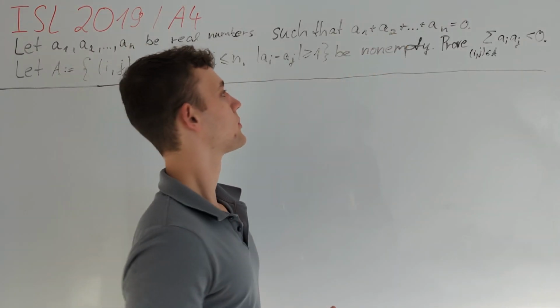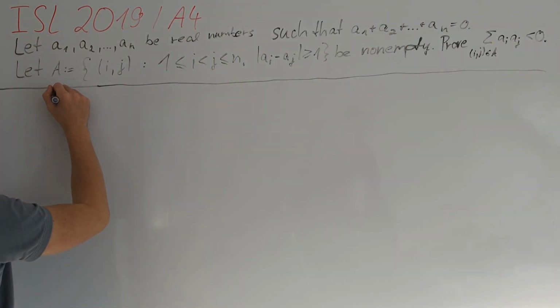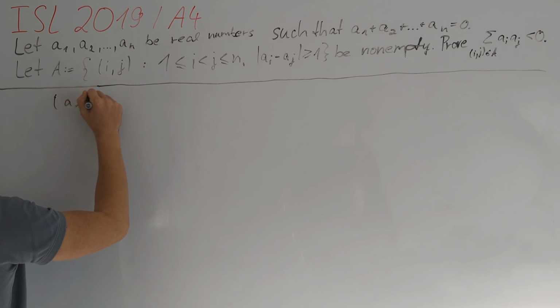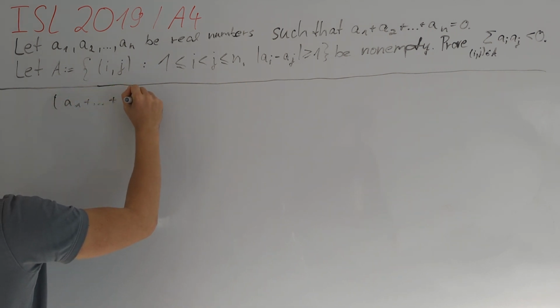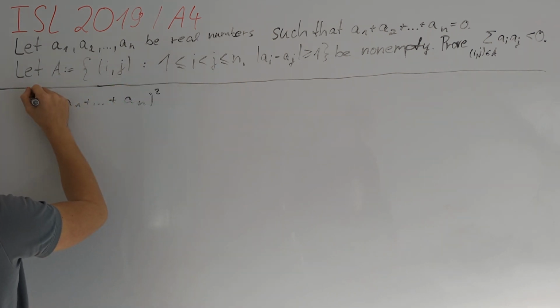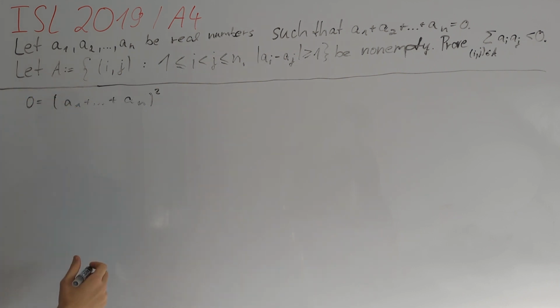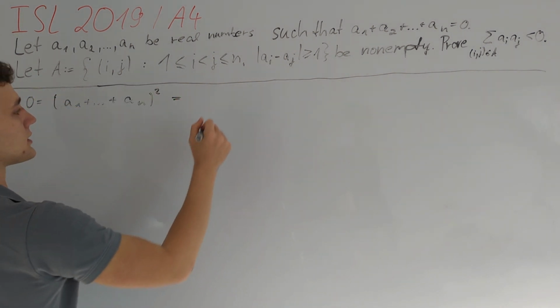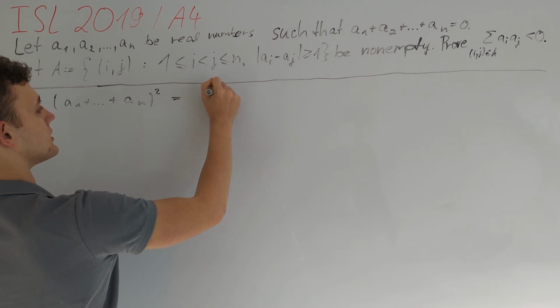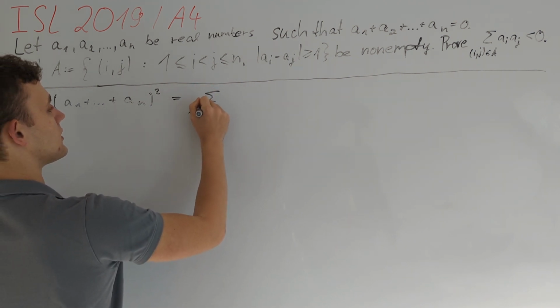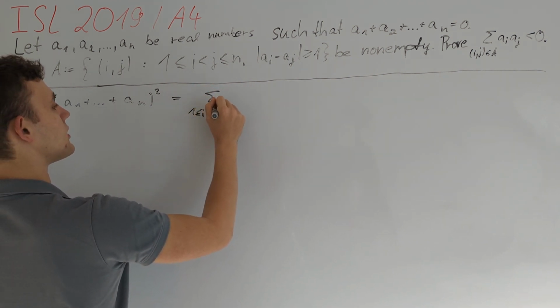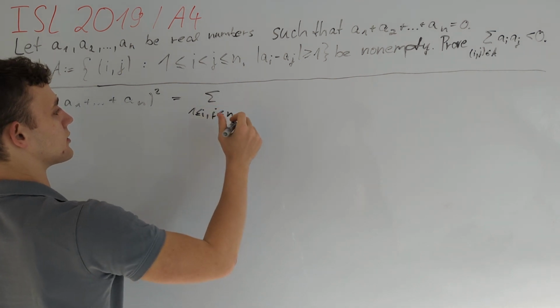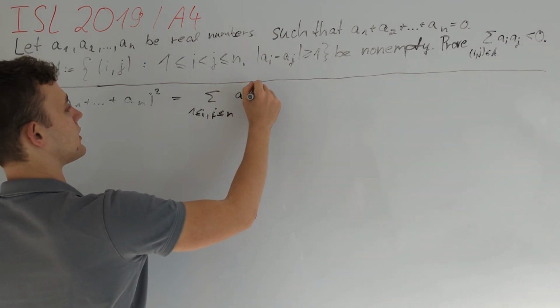We see that we can compute the value of (a1 + ... + an) all squared because this is nothing but 0. Furthermore, as I've just said, this is equal to the sum over 1 ≤ i, j ≤ n of ai aj.